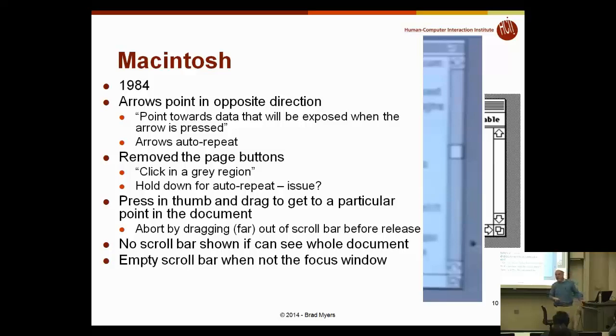People could just press there and hold, and it would start scrolling automatically. And also you could press in these gray areas. This is called the trough. A trough is like a long, skinny thing that horses drink out of, but you could also imagine the indicator moving up and down in that area. And you can click down in this background area, and it will auto-repeat.